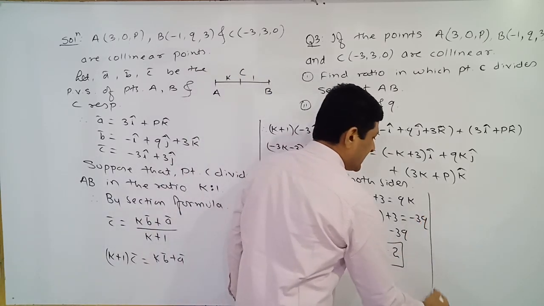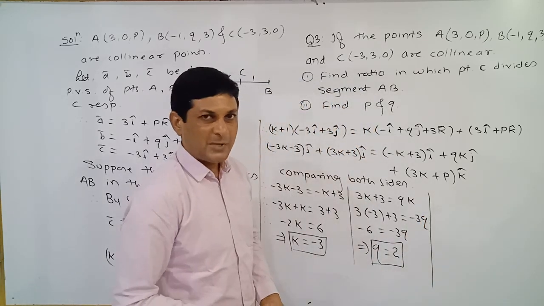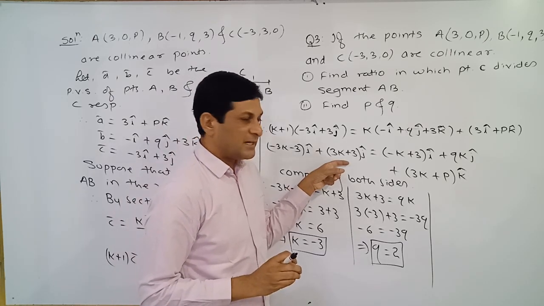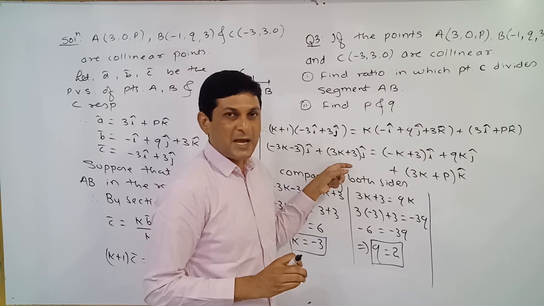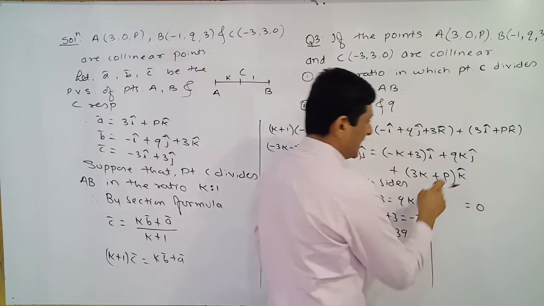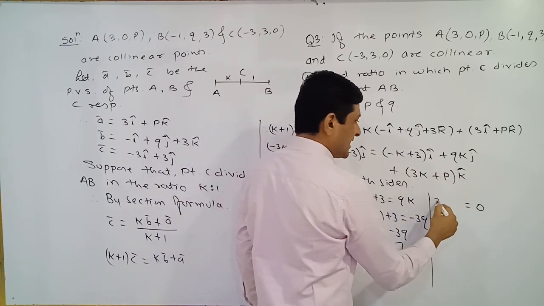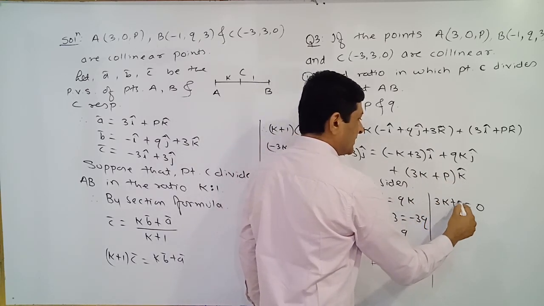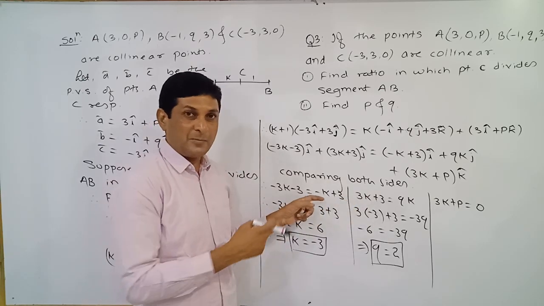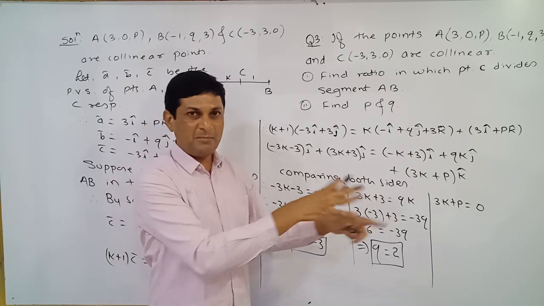Now we are comparing the coefficient of what? k cap. Let us see what we'll get if we are comparing the coefficient of k cap. On this side, the term of k cap is missing. Its meaning is that its coefficient will be equals to 0, and on this side the coefficient of k cap is 3k plus p. So this equation and this equation we have got by comparing the coefficients of i cap, j cap and k cap.